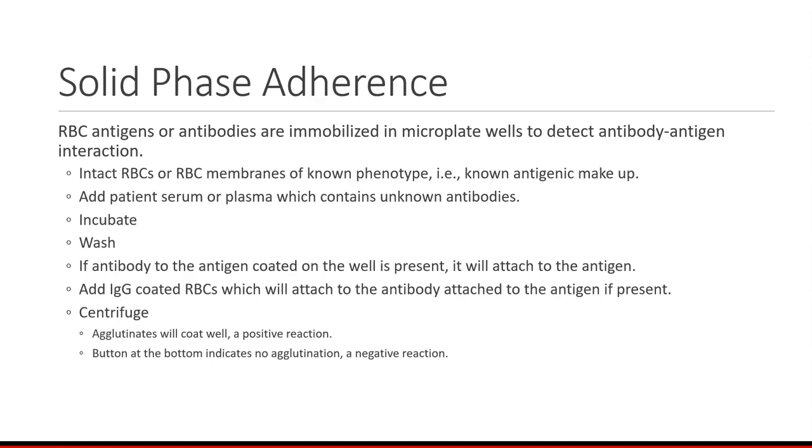They're not going to free flow down to the bottom. A button of cells at the bottom indicates no agglutination, which is a negative reaction. And you may want to listen to this slide again or spend time with your textbook, because it's a really cool process to detect this type of antigen-antibody reaction.